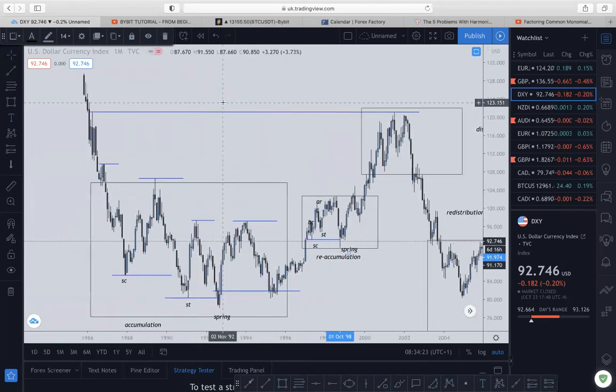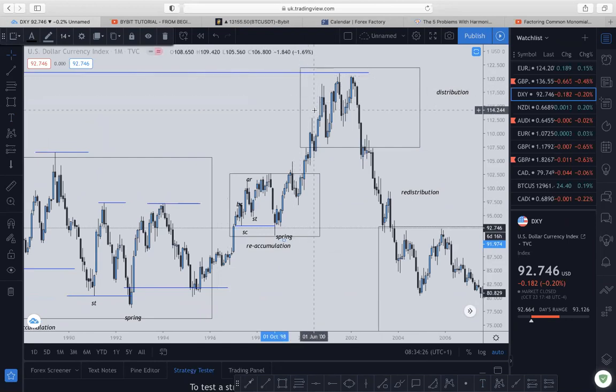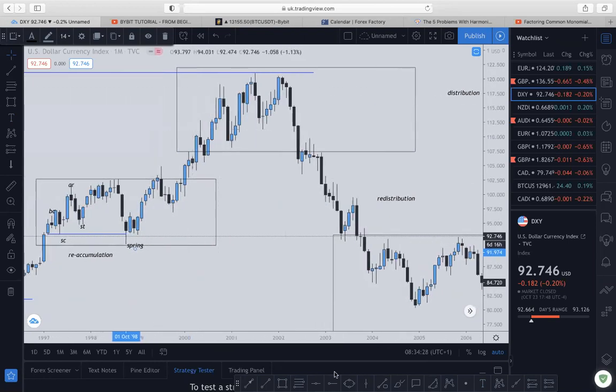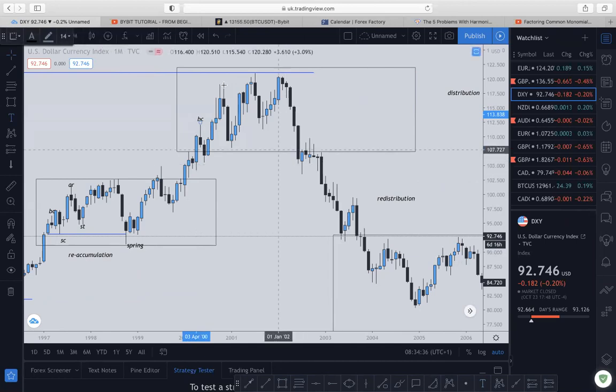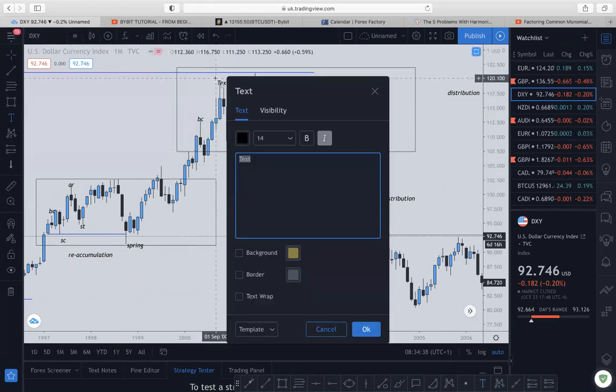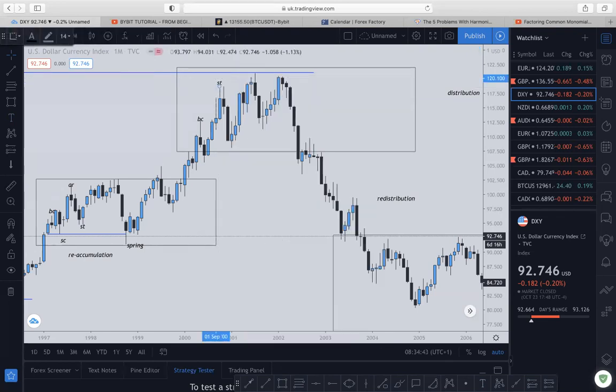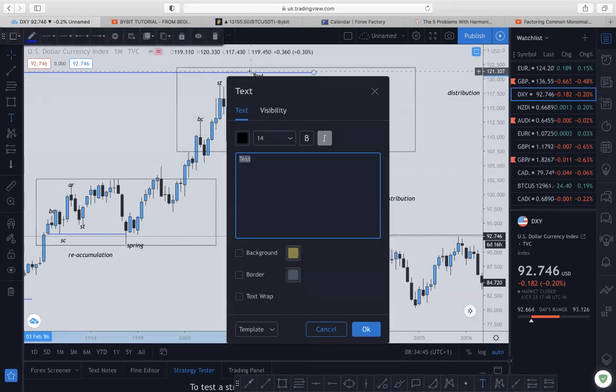Immediately we got to the last liquidity, see what price started doing? Distribution. So we have our buy climax. We have what? Our secondary test. We have our UTAD.